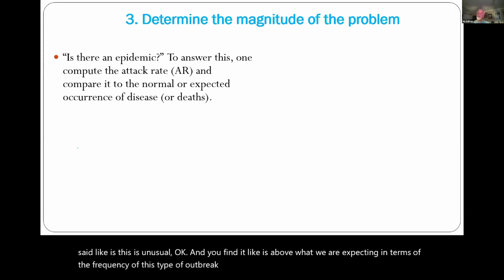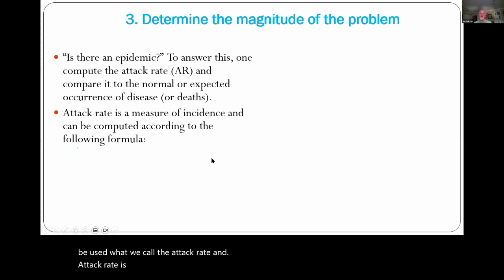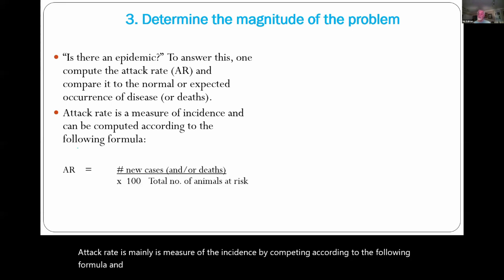And here there is an analytical tool that can be used, what we call the attack rate, okay? The attack rate is mainly a measure of incidence, computed according to the following formula. In a disease investigation I would call it a special incidence rate.